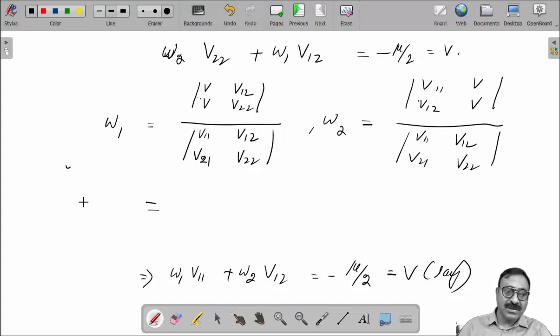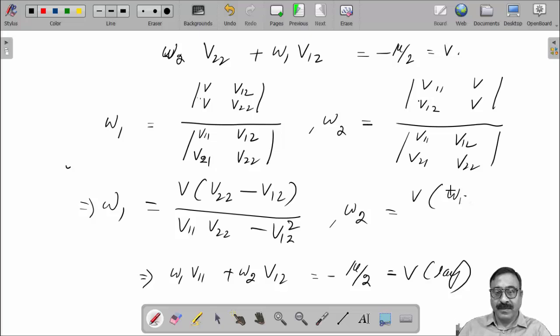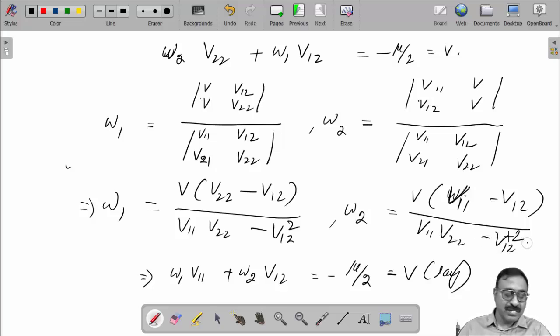So W1 equal to V whole into V22 minus V12 divided by V11 V22 minus V12 square, and W2 equal to V whole into V11 minus V12 divided by V11 V22 minus V12 square.